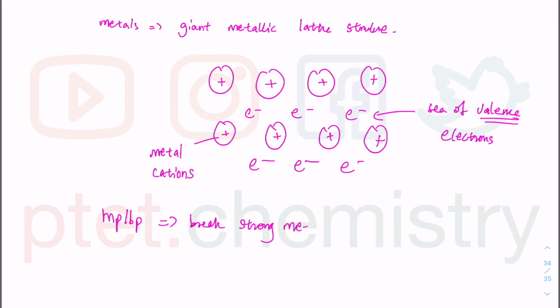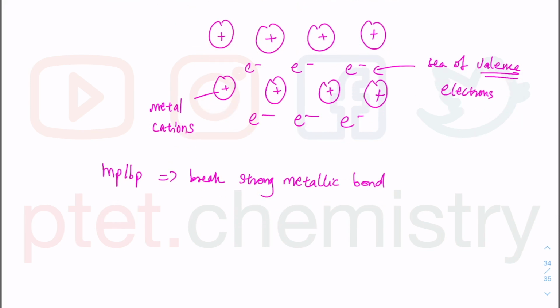What is a metallic bond? A metallic bond was defined in your bonding topic as the electrostatic force of attraction between these positively charged cations and the sea of delocalized valence electrons. So how are you going to justify or quantify the strength of attraction between the positive ions and the negative charge of the electrons? There are a couple of factors for the strength of metallic bonds.